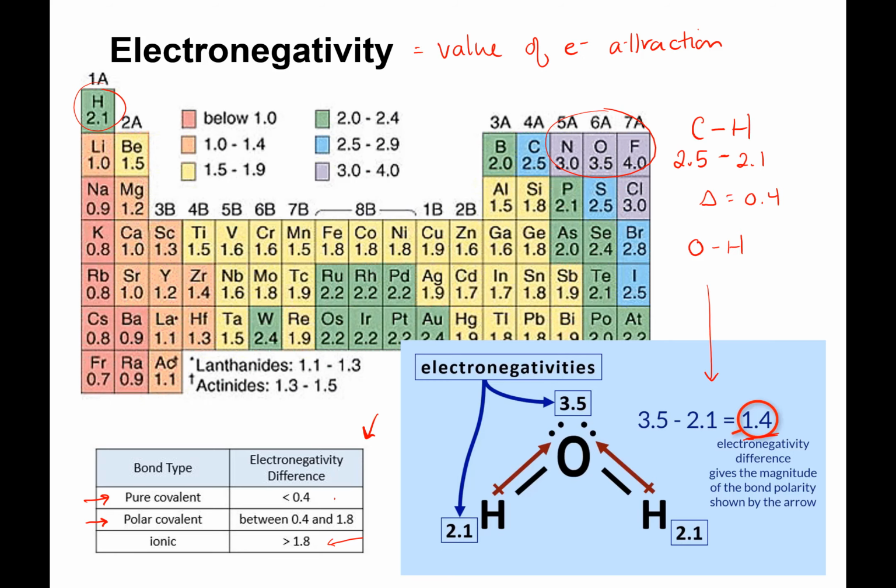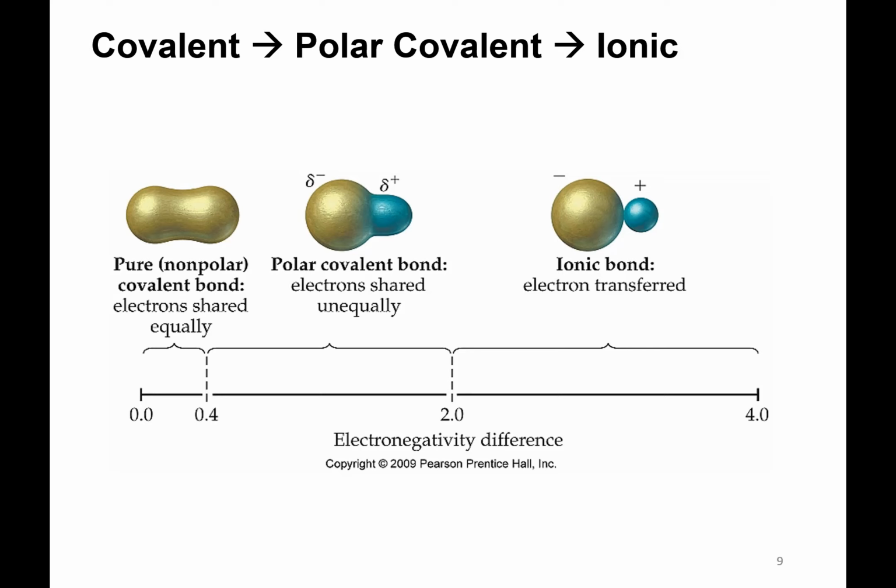And this is just another schematic showing you how electronegativity affects bond formation. Right? So if they're sharing pretty equally, you get a non-polar covalent. As they share things unequally, you get the partial charges, and when you have a great difference in electronegativity, you get full charge difference.